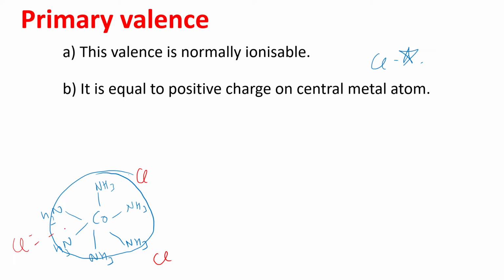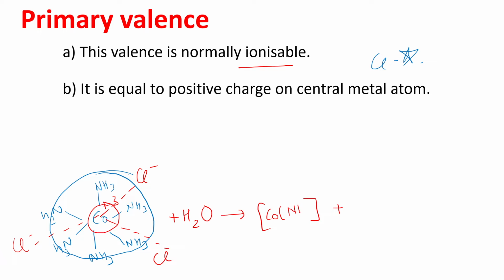These chloride ions are not directly attached to the central metal ion, but they are basically satisfying the positive charge on cobalt, that is +3. These are ionizable. Ionizable means when I add water to this, I'll get the inner coordination sphere, containing cobalt plus 6 molecules of ammonia having 3 plus charge, plus 3 chloride ions.